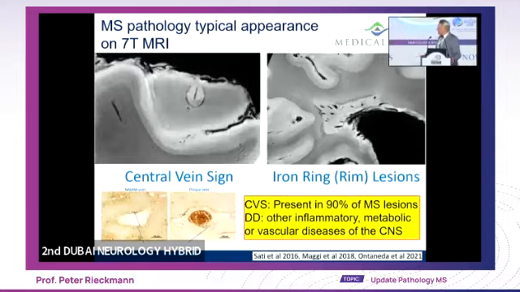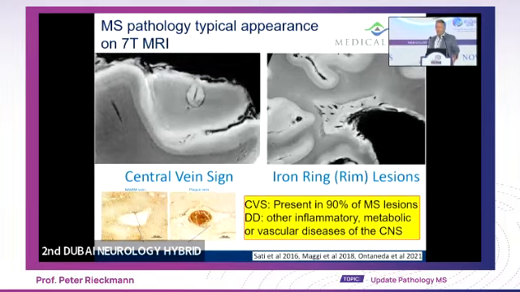As you can see here, the accumulation goes into the perivascular space. You can see this in 90% of all MS lesions, and it is hardly seen in other inflammatory, metabolic, or vascular diseases of the CNS. So as it is confirmed with histopathology, it is now also reflected with in vivo pathology on 7T MRI.